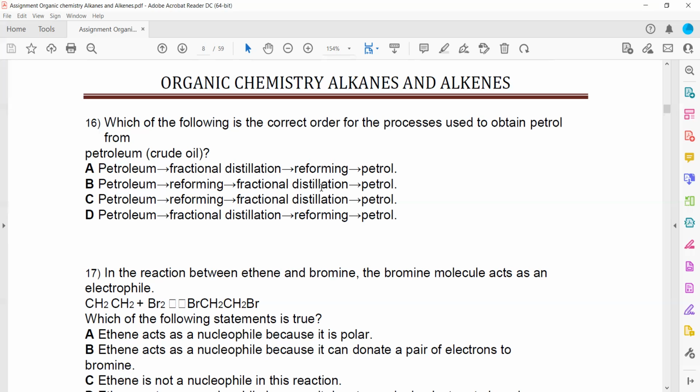After fractional distillation, we reform, like converting into branched hydrocarbons, as branched hydrocarbons can burn easily and are more volatile. And then after reforming, we obtain the petrol. So D is the right answer for this.